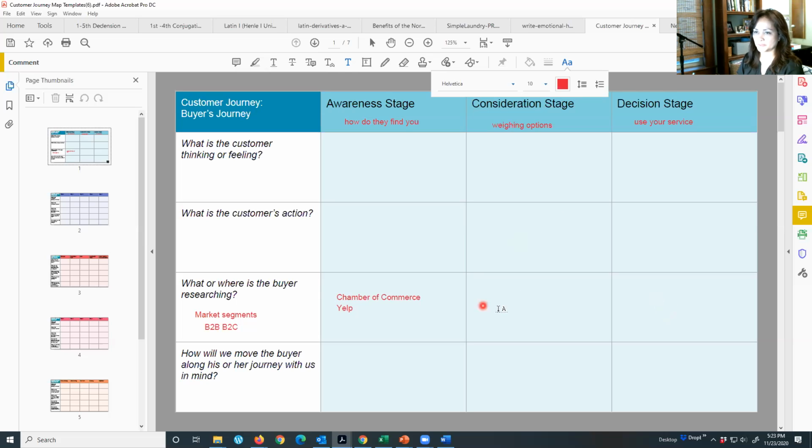And then maybe for your consideration and decision stages, like for apartment dwellers, maybe you want the coupons or the reward services. Since if they can't afford a washer dryer, they may not also be able to pay for internet service, so free Wi-Fi, whatever it takes to get them in. Yeah, we have a Wi-Fi bar and all that stuff set up. Perfect. The office space, people come in and do their business or schoolwork while their clothes are being done.